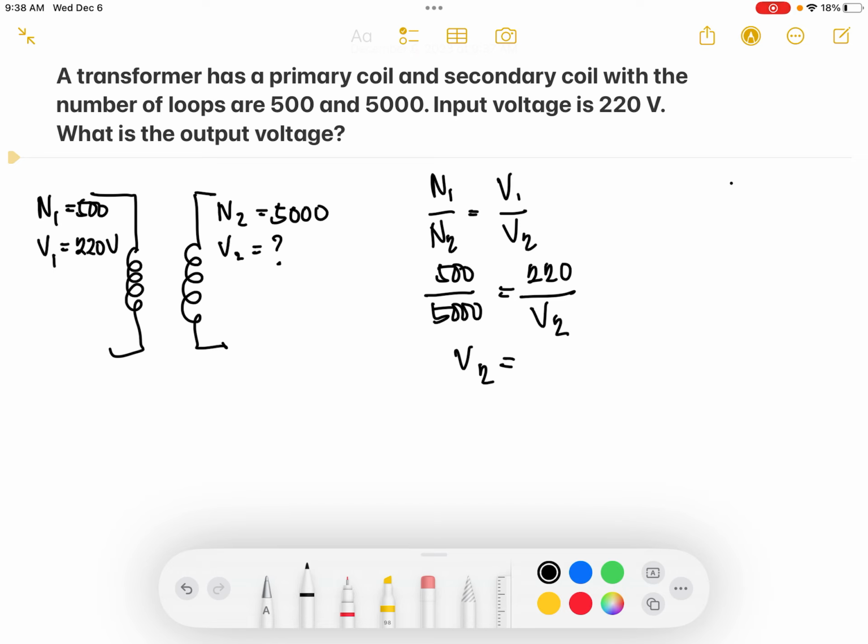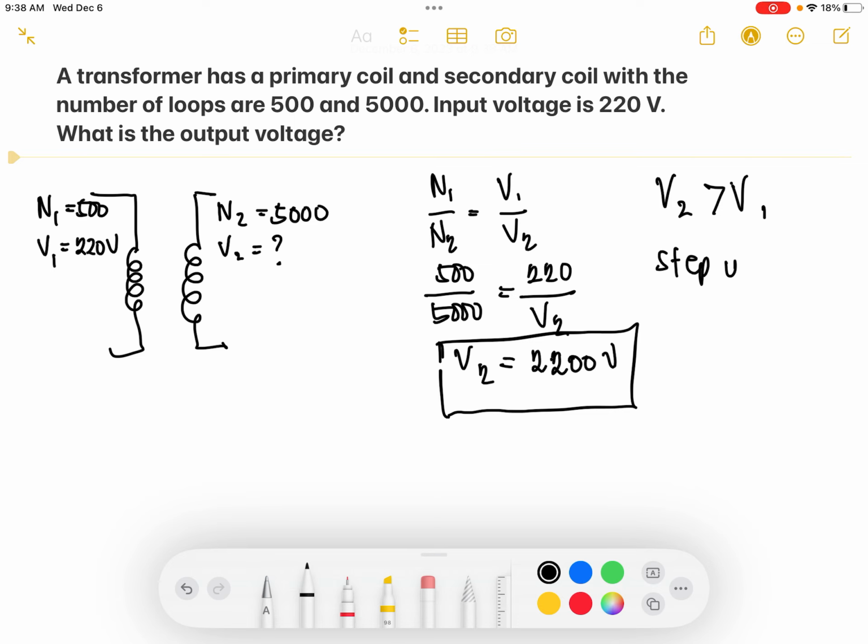Okay, so V2 is equal to 2,200 volts. Now, we could see that the voltage in the secondary side is greater than V1. Therefore, this transformer is a step-up transformer.